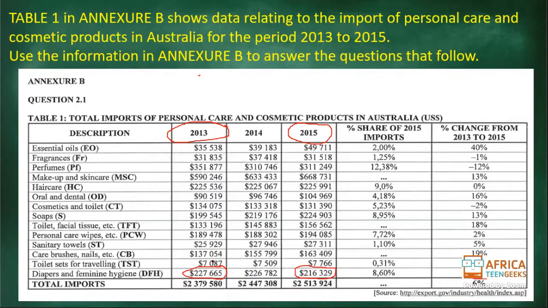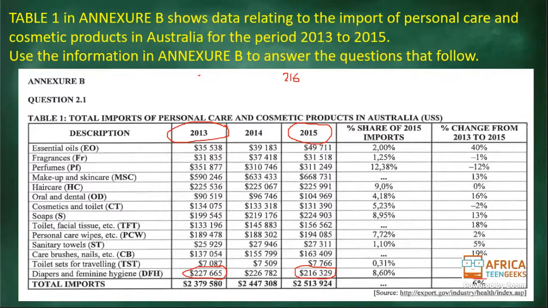You can see the values I've highlighted, right? It's the 2015 imports, subtracts the 2013 imports over 2013 imports because we are focused on this row here, which is based on diapers and feminine hygiene. That's the row. So I didn't want to move to the next answer because you might need to refer to this one. So it is 216.